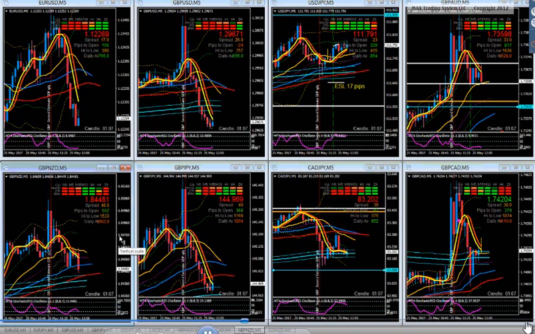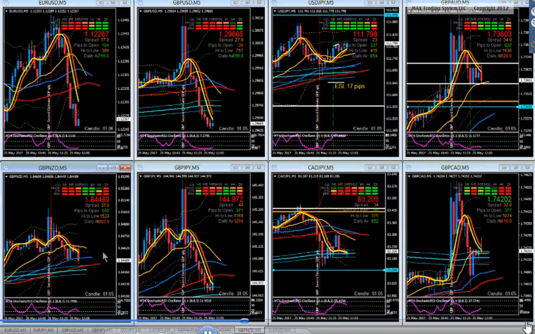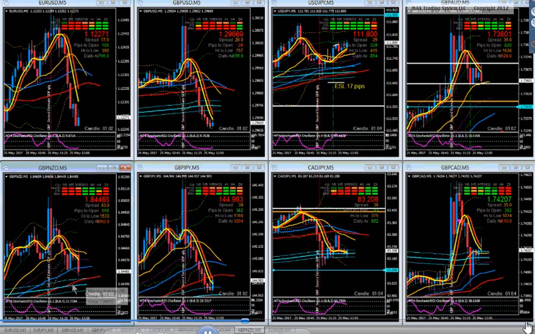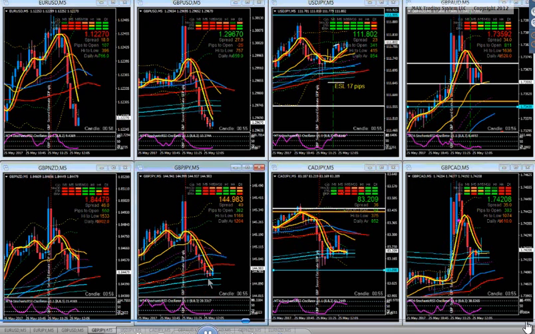But I like the downward bias on the pound kiwi and on the pound pairs in general. So maybe here in the pound US dollar, we will see.